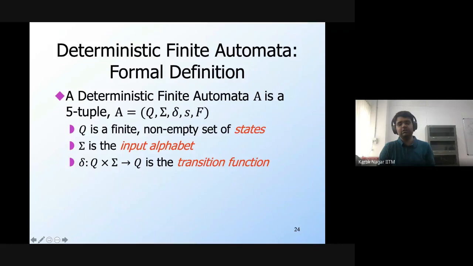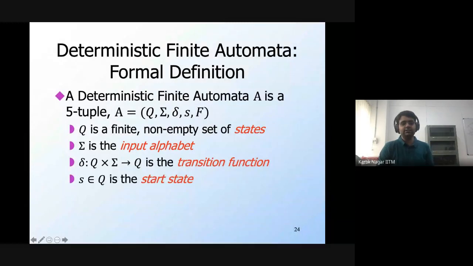So this basically means that if you're in some state and you see some symbol from the input alphabet, then you will transition to another state of the DFA. So that's why this transition function is defined as a function from Q cross sigma to Q.